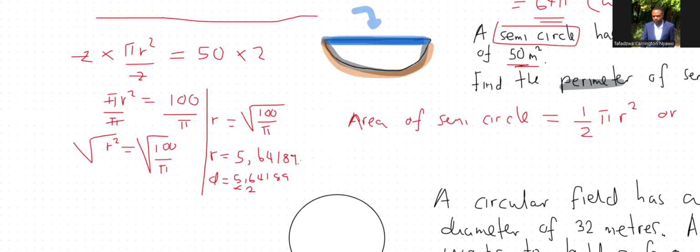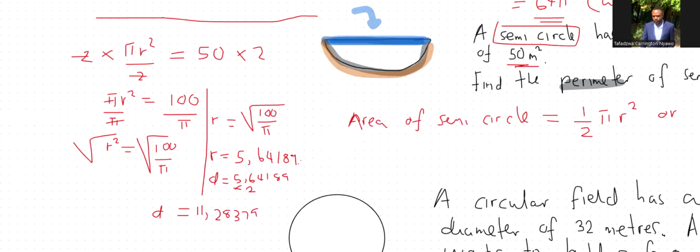Okay, let me just put it quickly in the calculator. All right, so my diameter now is going to be 11.28379. All right, that's going to be my diameter.